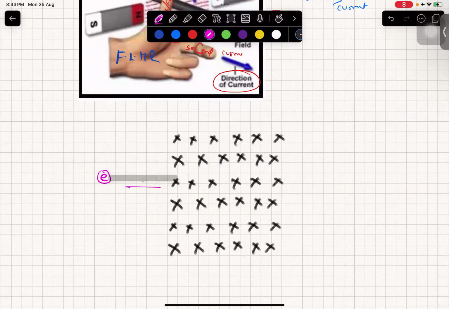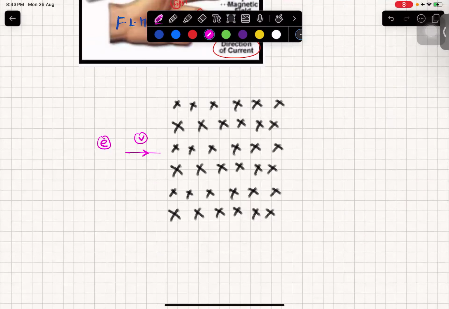Since it's a negative charge, it'll move in the opposite direction to the current, right? So if the field is going that way, it will move out towards you. It will still keep moving in a circular path, but it'll go down.